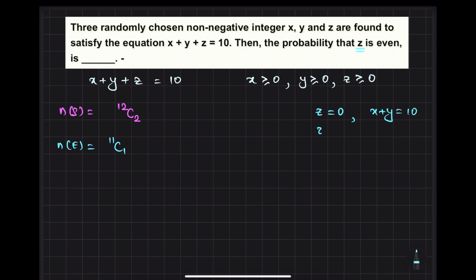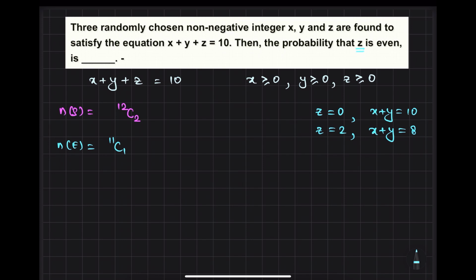Suppose that z is 2. Then x plus y would be 8. Now we have 8 samosa to distribute among 2 people, x and y, where 0 is allowed. So we will ask for sticks. How many sticks? 1 stick, 1 less than the number of persons.